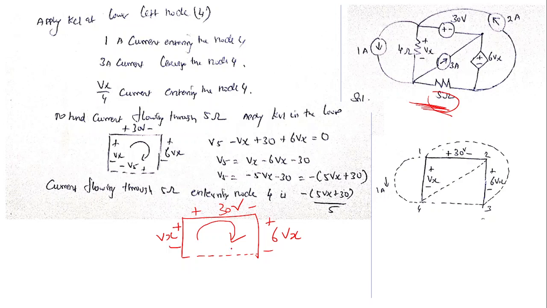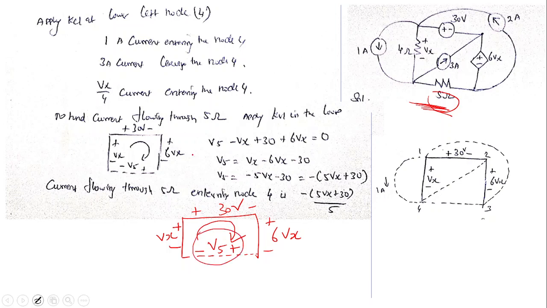So current direction is clockwise, so I am going to write plus minus. I'll write it as V5. I need to find out what is the voltage across the resistor, and from that I can find out the current through the resistor, because I know voltages of all the other branches. If I apply KVL to this, I can find out this voltage.